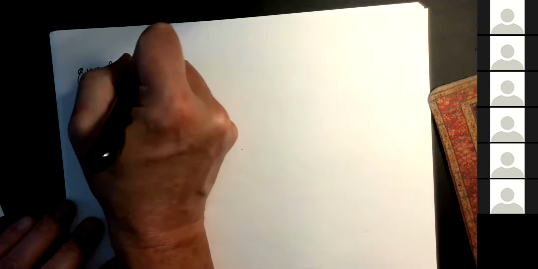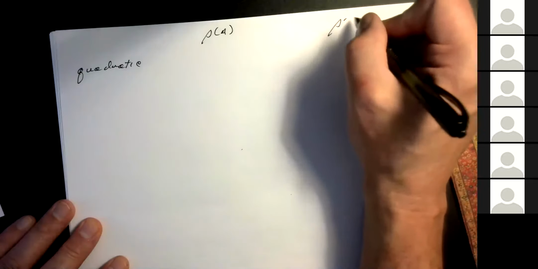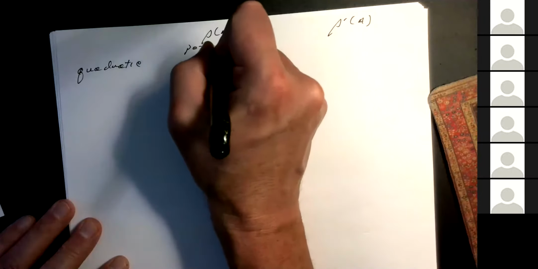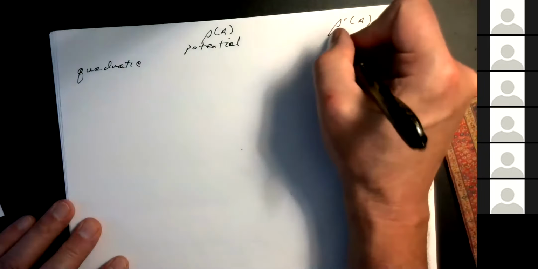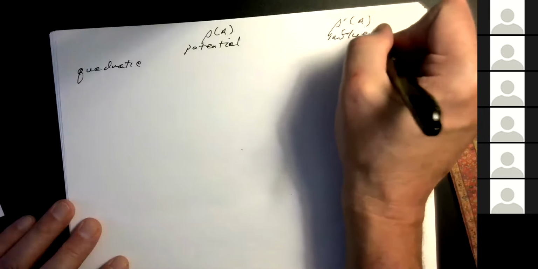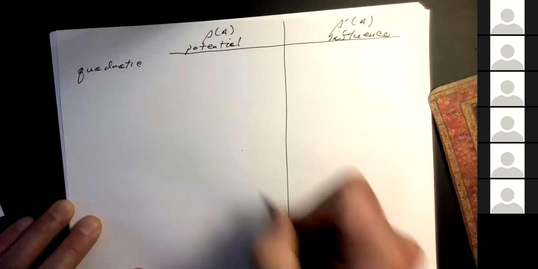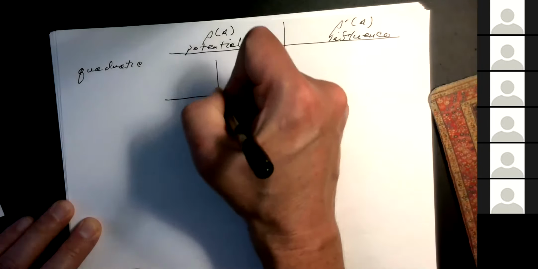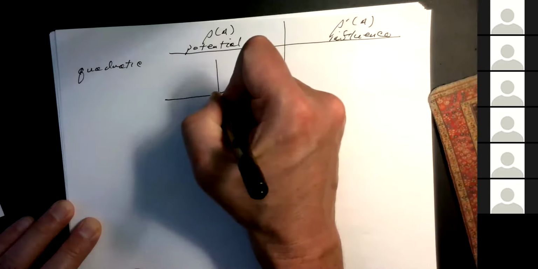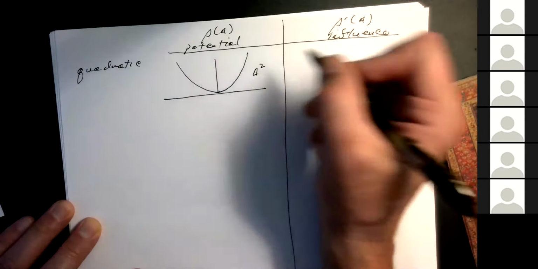But the idea is a typical rho, so here you have the quadratic. We have rho of delta, and then we have rho prime of delta. This is called the influence function. This is potential, and this is influence. The quadratic looks like this: this is delta squared over 2.